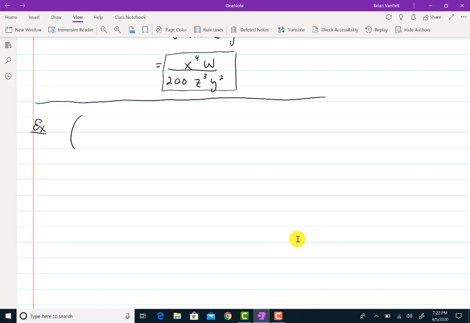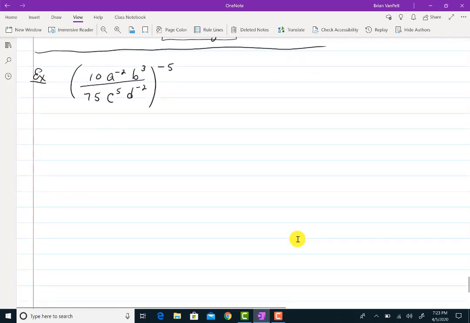Here in this one, we'll do 10, let's do some other letters, a to the negative 2, b cubed, all over 75, c to the 5th, d to the negative 2, and all that's going to be raised to the negative 5 power. Well, let's see what we get there then.